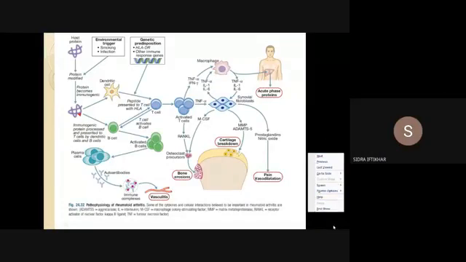So in this picture, you can see that there is a synovial membrane. The synovial membrane is inside the synovium, which is made up of cells called fibroblast-like synoviocytes. These are important in the pathogenesis of rheumatoid arthritis. There are macrophages that secrete cytokines. There are three types of cytokines: TNF alpha, interleukin 1, and interleukin 6.